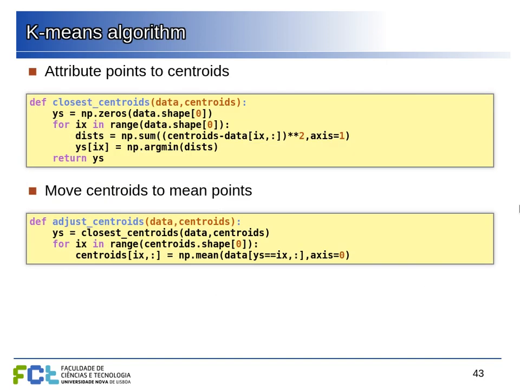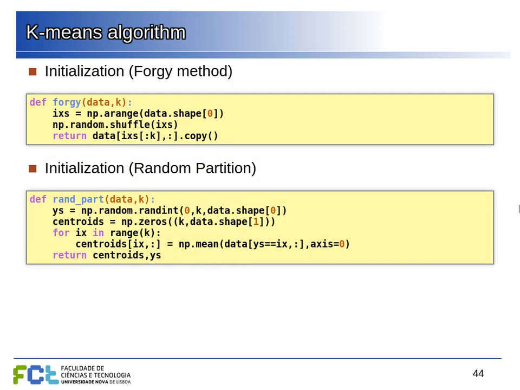This would be initialization. So for Forgy, we shuffle all the indexes of our examples and pick the first k. So we are picking at random without replacement, so without repetition on the examples we pick. For random partition, we create a random vector of assignments.